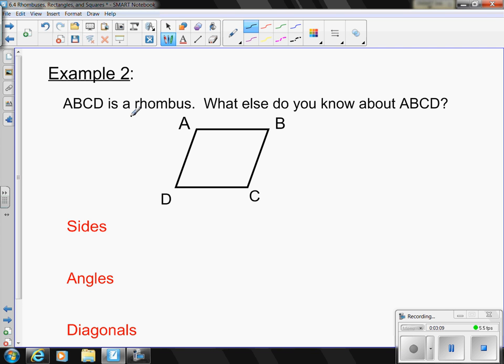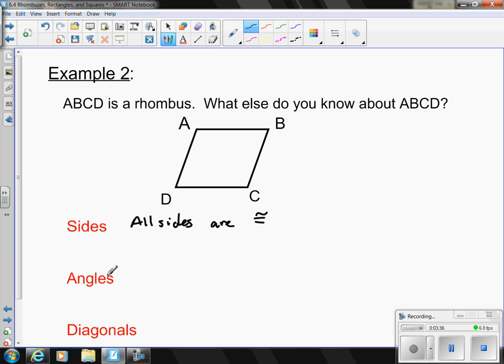Knowing that a rhombus is a parallelogram, we can know quite a bit about the sides. We know all sides are congruent, because of it being a rhombus. What else do we know?